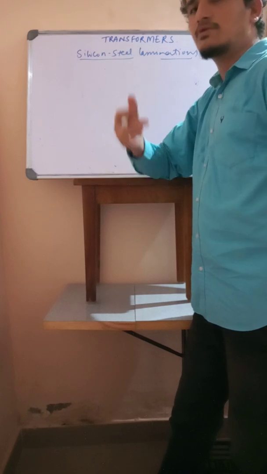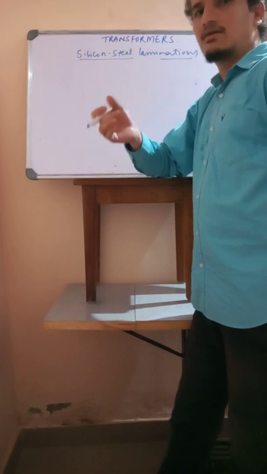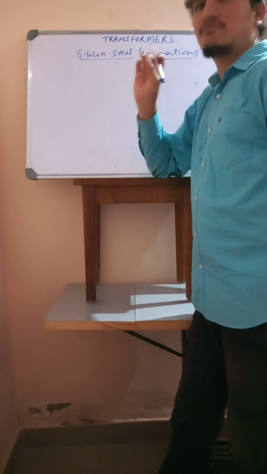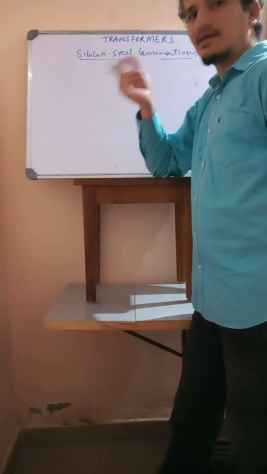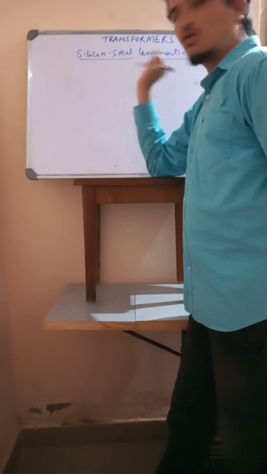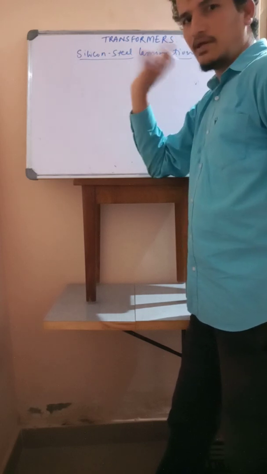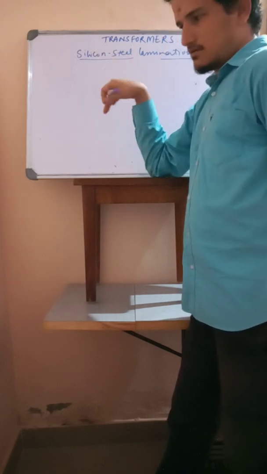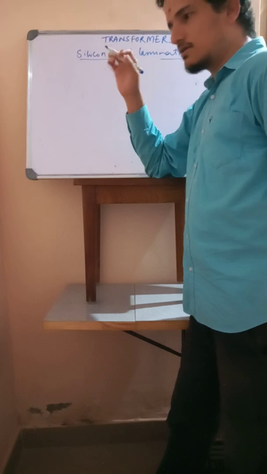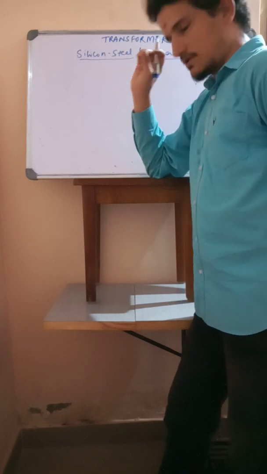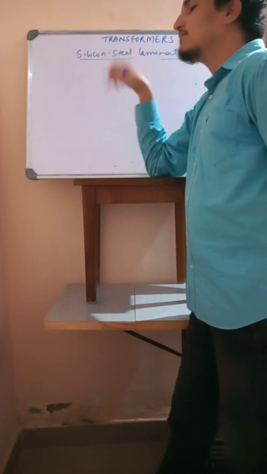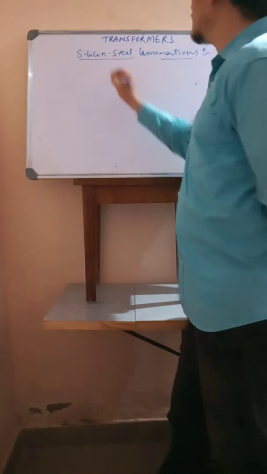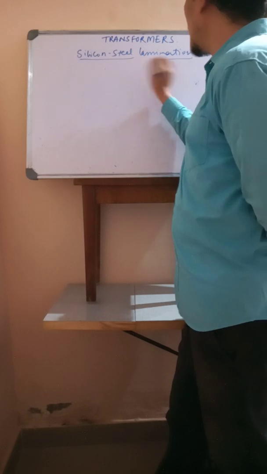Reluctance means opposition offered by the material to the path of the magnetic flux. So if it is low reluctance, the magnetic field will flow easily, giving a resistance-free path for the magnetic field. So we will use silicon steel laminations.